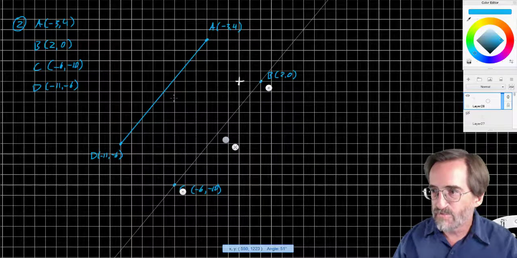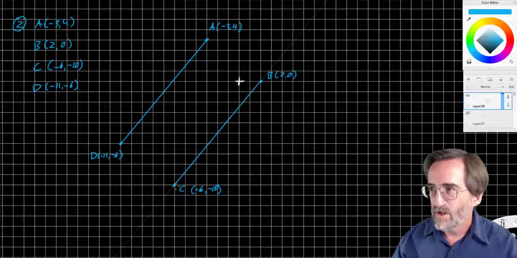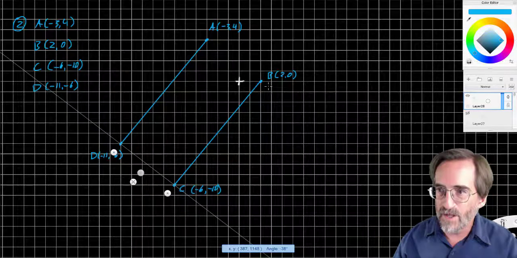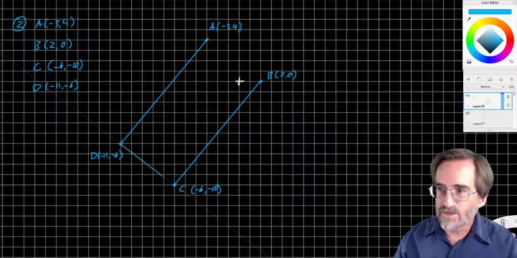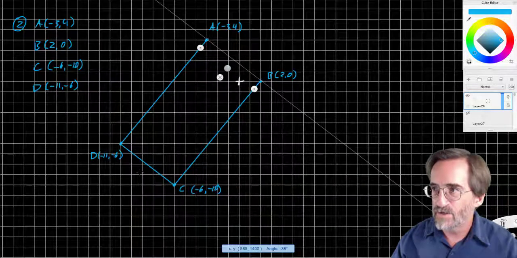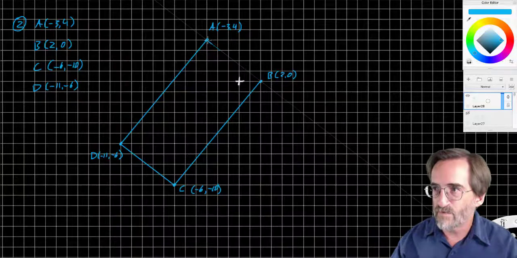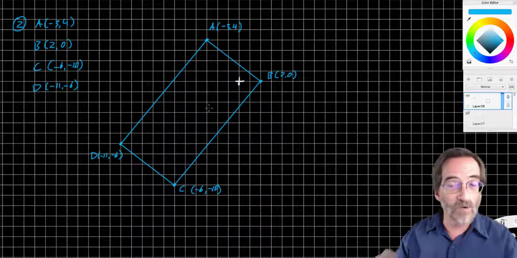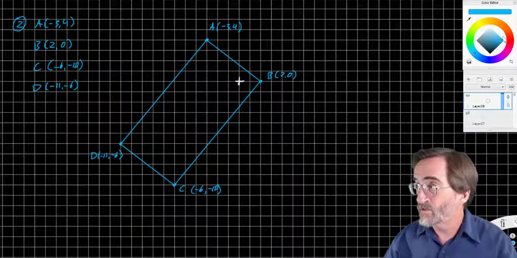There's a possibility that it's a rectangle, which is also a parallelogram, and again I would use the slopes to determine if the angles are right angles. Another test to determine if it's a parallelogram is if the opposite sides are congruent. But since both rectangle and parallelogram require me to find the slope, I'm going to find the slope.